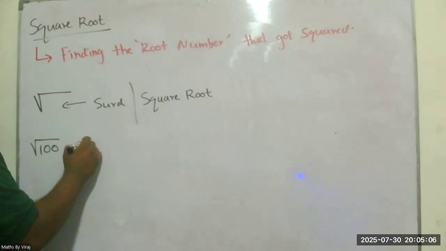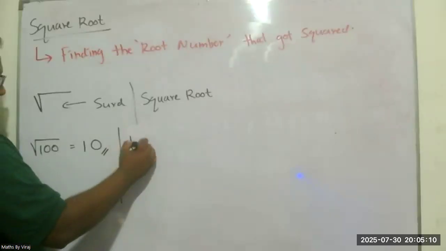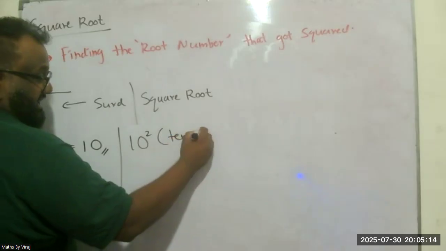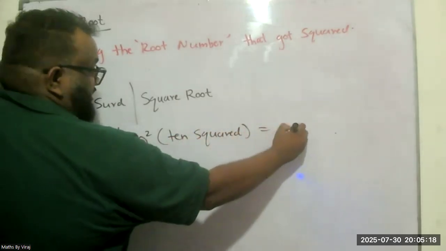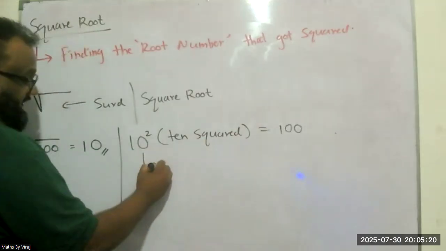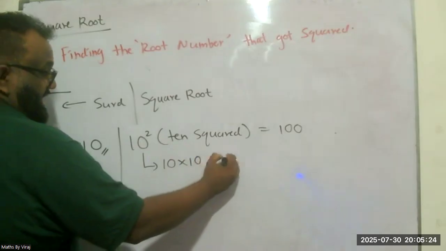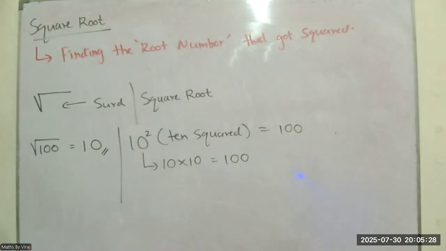Basically, it is 10. What you should understand is that 10 squared is 100. What do you mean by saying 10 squared? 10 is multiplied by 10, and that is how you get the answer as 100.